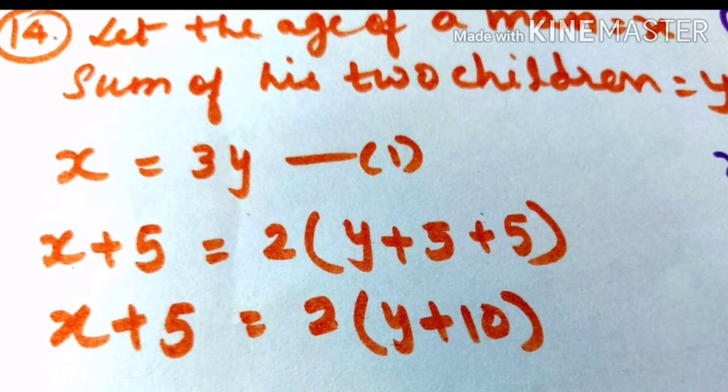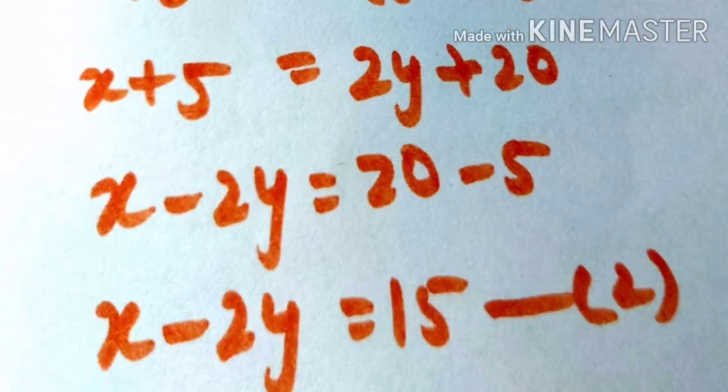Likewise, now we will just open the bracket and get x plus 5 is equal to 2y plus 20. Taking 2y on the left hand side, I get x minus 2y is equal to 20, and that 5 from the left becomes minus 5 on the right. So the second equation we found is x minus 2y is equal to 15.